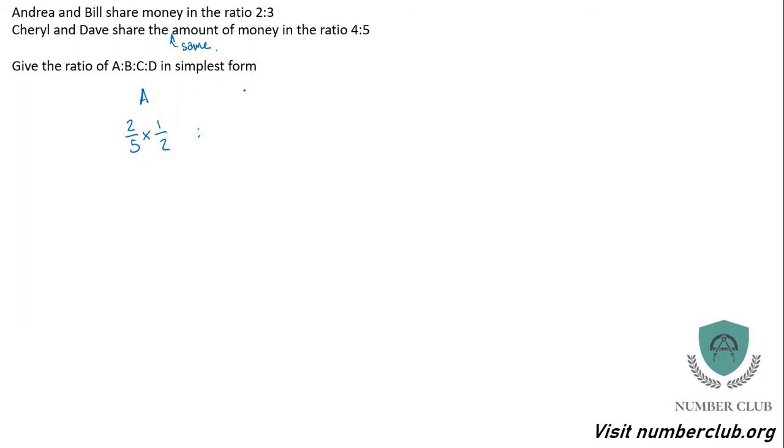Bill is getting 3 out of 5 shares of half of the money. Cheryl is getting 4 out of, think about that denominator, 9 shares of half of the money. And Dave is getting 5 out of 9 shares of half of the money.